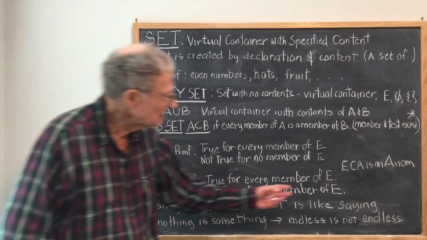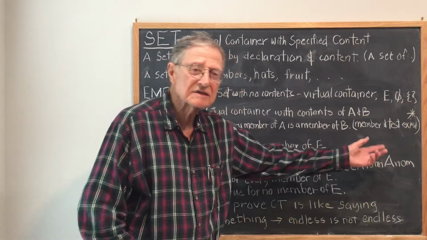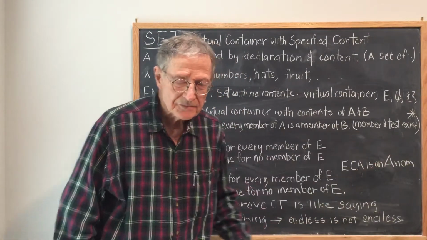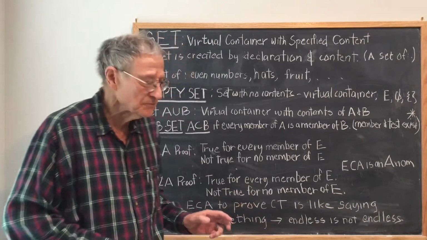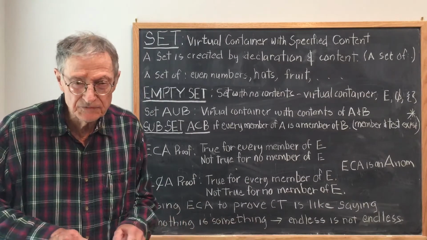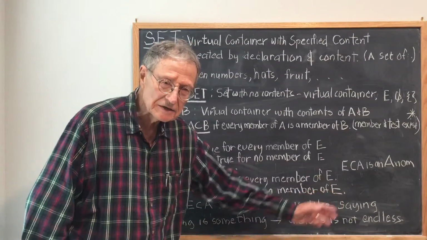You're saying that E, which nothing belongs to, is something, which is okay. That's abstract math. You can disavow common perception for the sake of the mathematical argument.